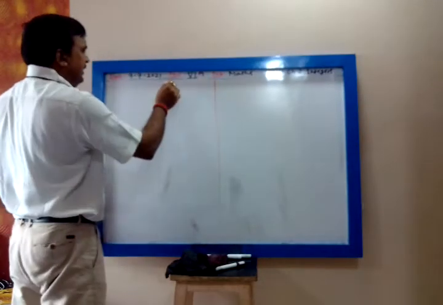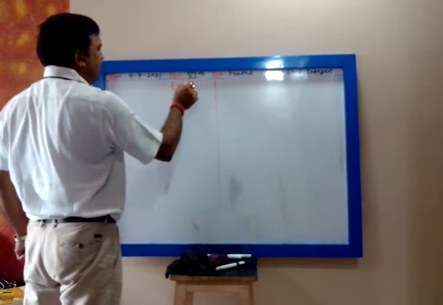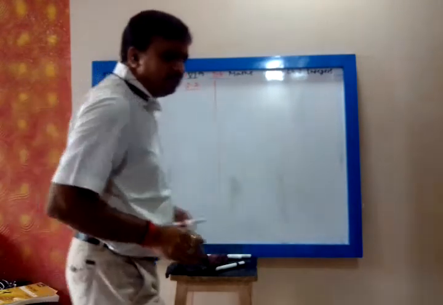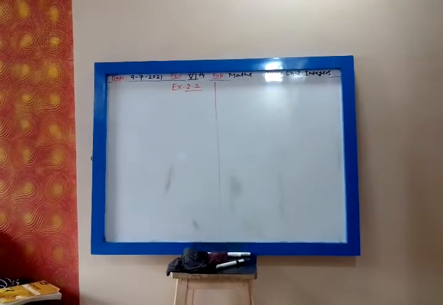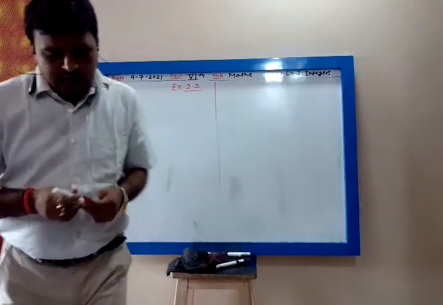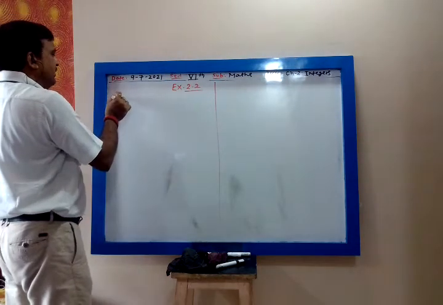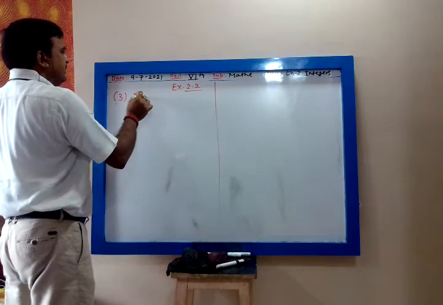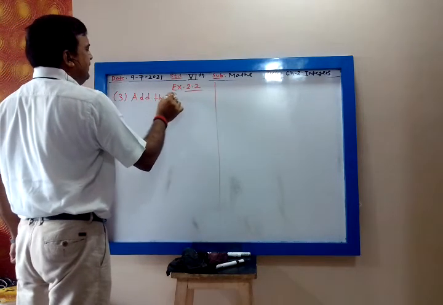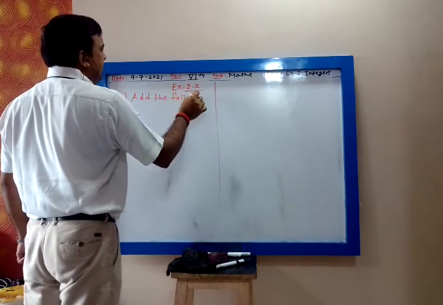Exercise 2.2. Let us start. Recording has started. So mute the microphone. Third one. Add the following. In that we have done up to E part. Correct?